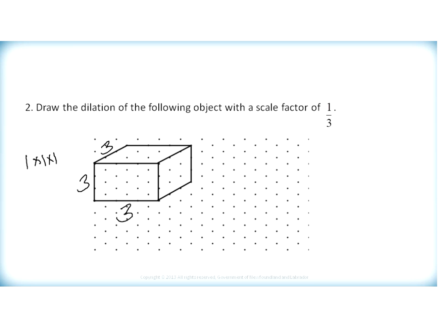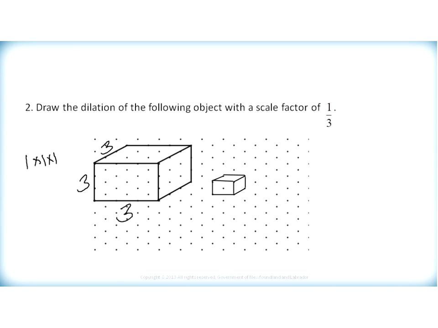So it's going to look something like this. 1 up, 1 back, 1 across, 1 forward, 1 down, 1 across here, 1 across here, 1 back, and finally 1 up.